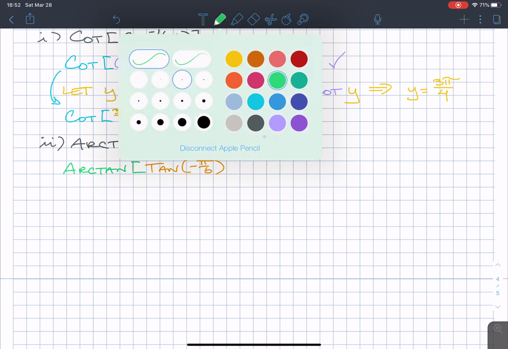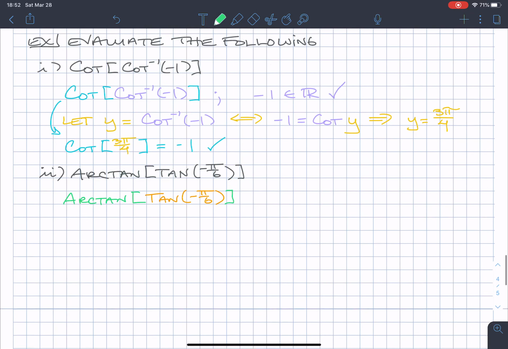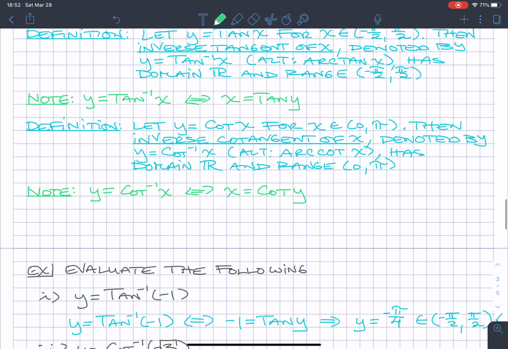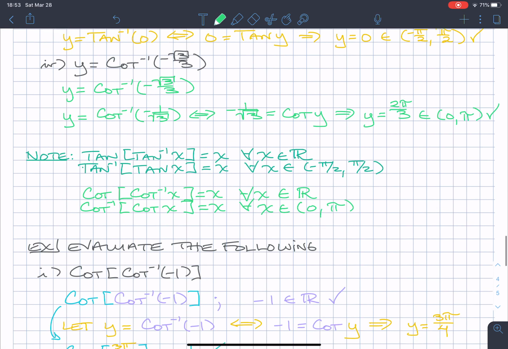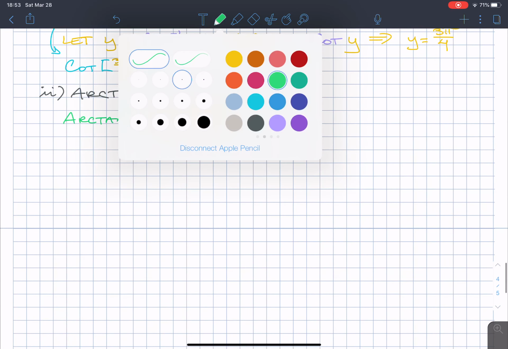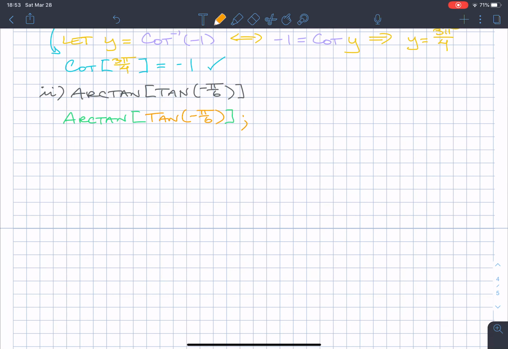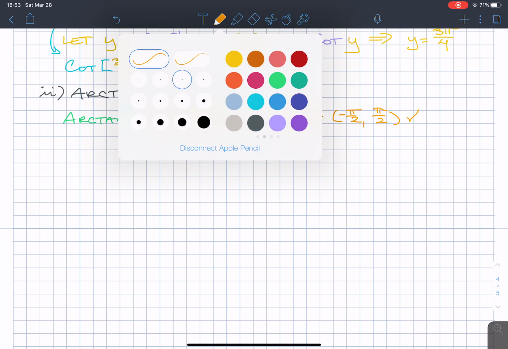Where am I allowed to have regular tangent if I'm dealing with the invertibles? Regular tangent between negative pi over 2 and pi over 2. So is that argument, negative pi over 6, in the region it's allowed to be? It is. Negative pi over 6 is indeed between negative pi over 2 and positive pi over 2, so check mark.